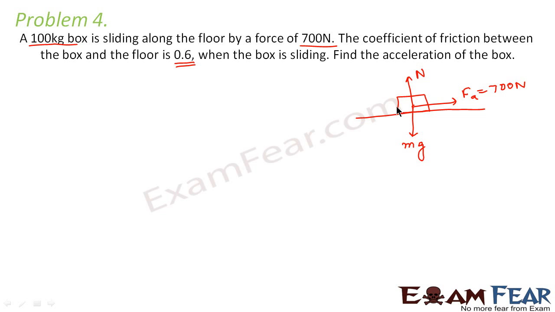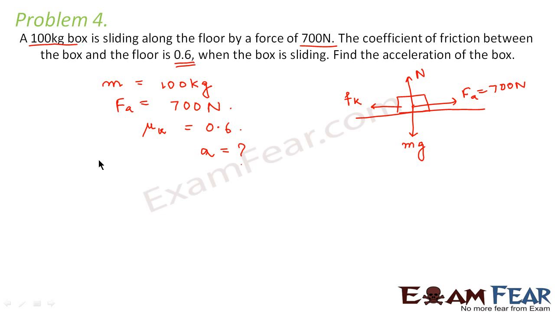That means along this direction will act the kinetic friction because this box is already moving. So what are the values which are given here? Mass is equal to 100 kgs. Force is equal to 700 Newton. Coefficient of friction, that is mu k, is equal to 0.6. We have to find out the value of acceleration.